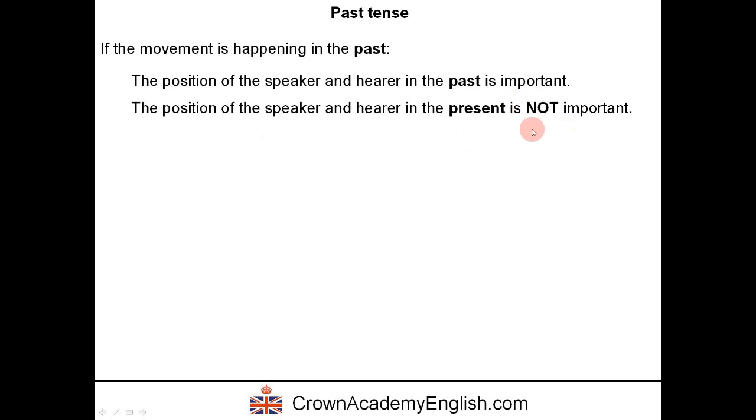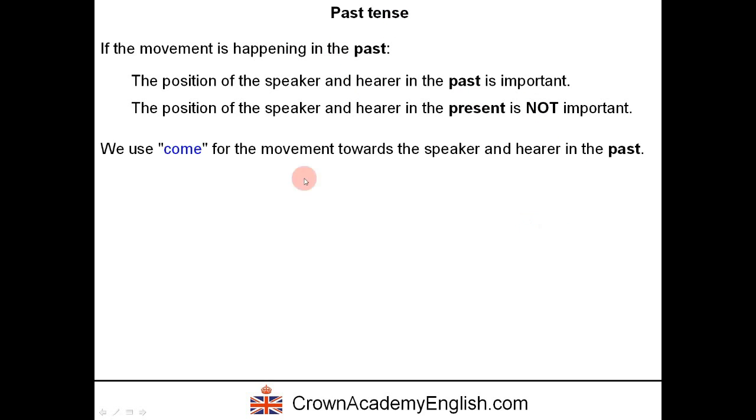It is not the position in the present. Okay, so the position of the speaker and hearer in the present is not important when we are using the past tense. So let me give you an example. So we use come for the movement towards the speaker and the hearer in the past. So it's important where they were in the past, not where they are now.